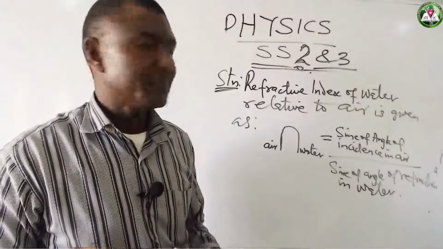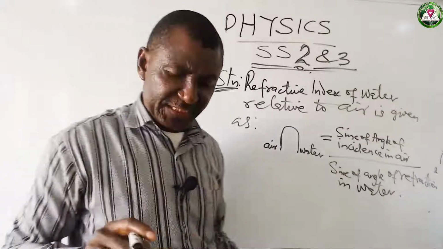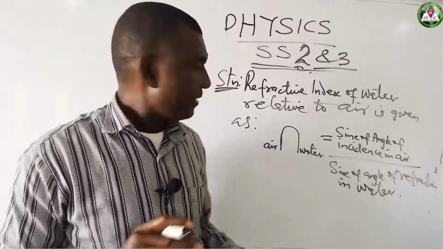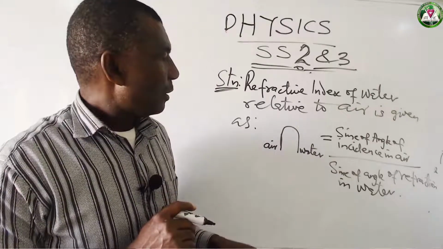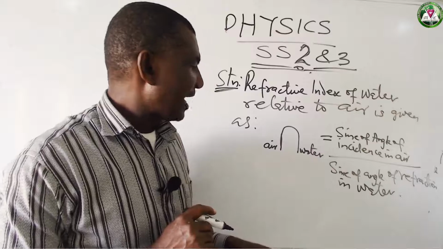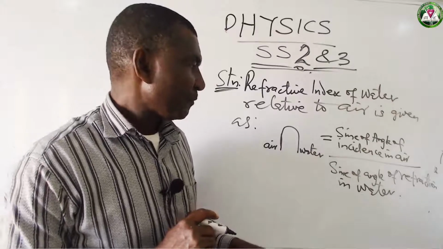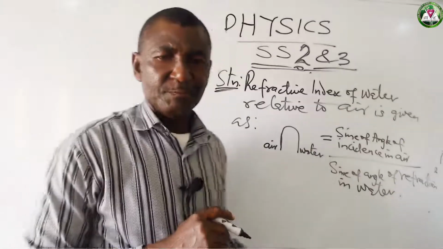That is our equation: sine of angle of incidence in air all over sine of angle of refraction in water.